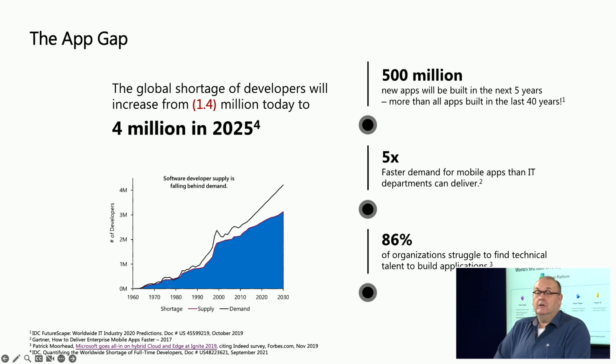That also places a constraint on the number of pro-code developers we have. So we're not only competing with our normal competitors, but also with all of the car manufacturers for people and resources to develop code and applications. So we need to address that gap.